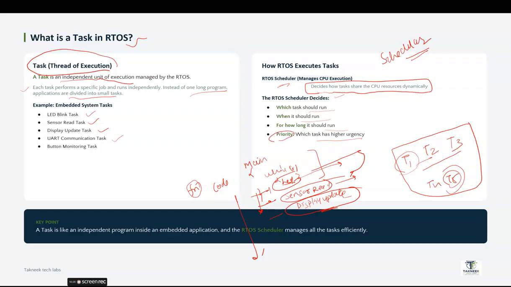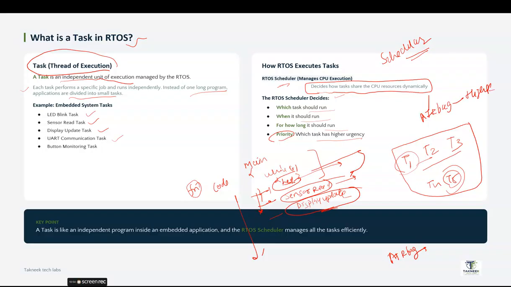There is something called a priority. Each task, task 1, 2, 3, 4, 5, will get a priority. Suppose the same airbag example. The system is doing something, it's showing some light or headlight or something, but when the crash happens, the airbag task has to get the highest priority.